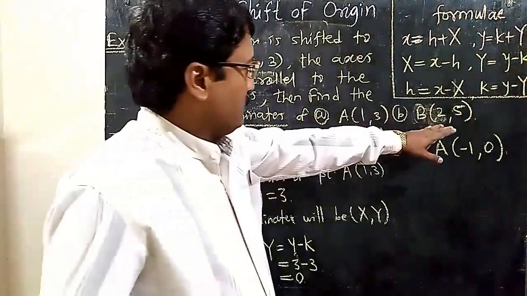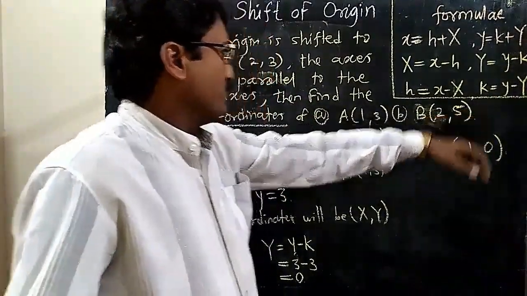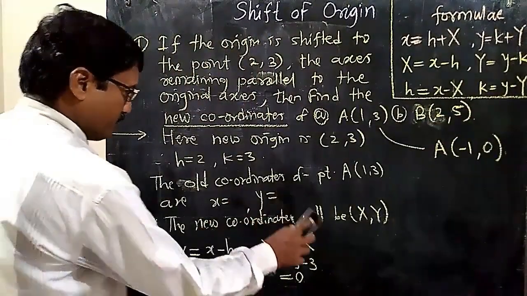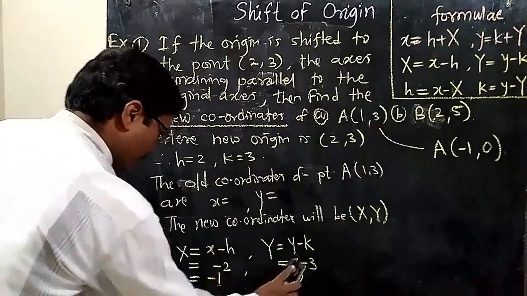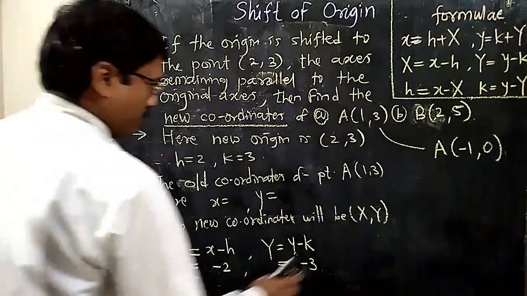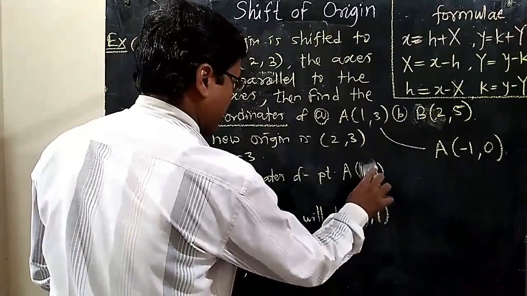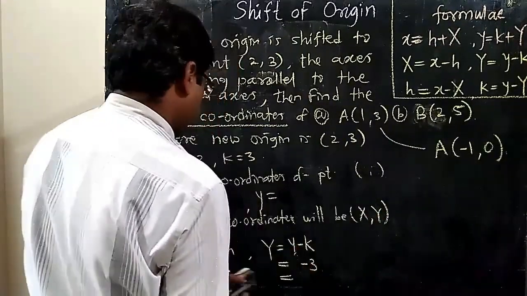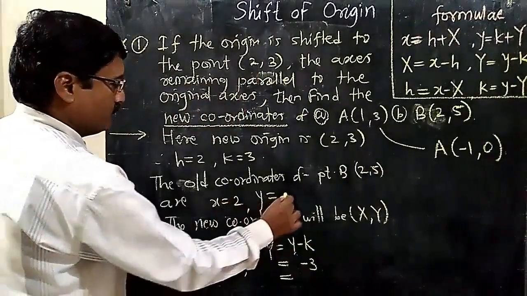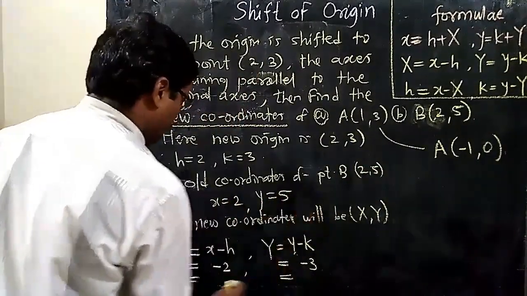In a similar way we can solve the second one. Here the values of small x, y for point B are 2, 5, so x equal to 2, y equal to 5.